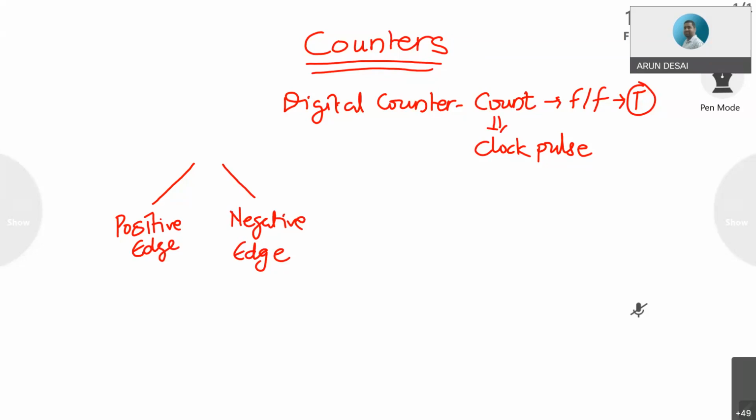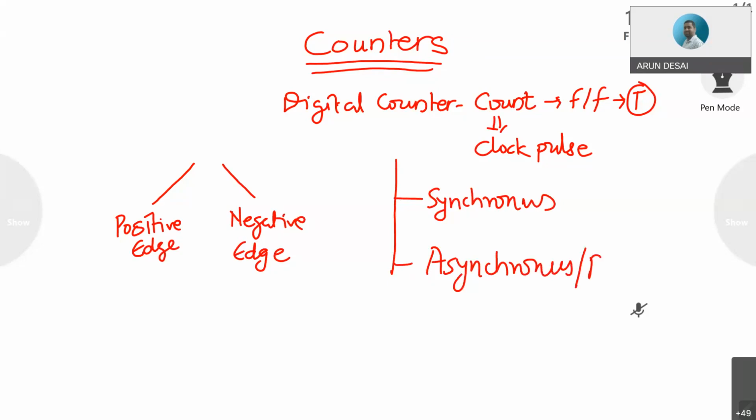And the other types of counters are synchronous counter and asynchronous or ripple counter, right? So we'll start with the first, positive edge triggering. What is actually positive edge triggering and negative edge triggering, right?